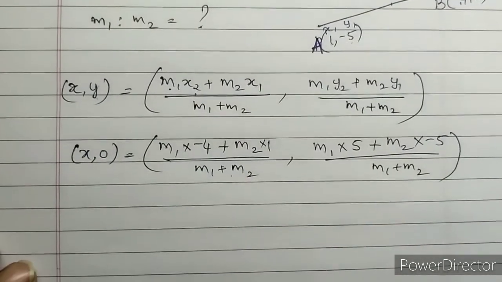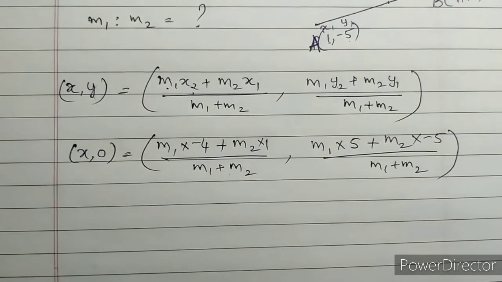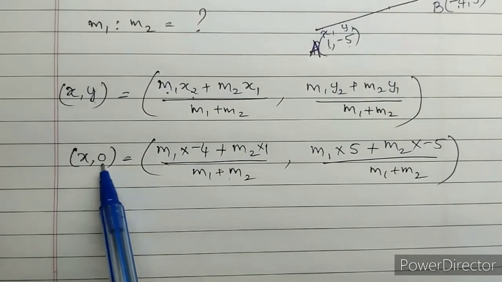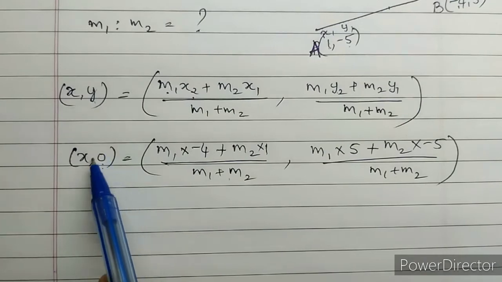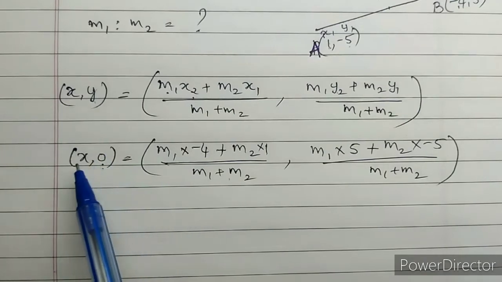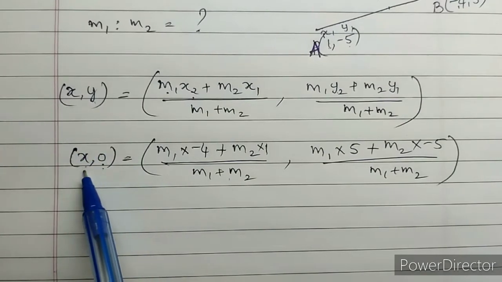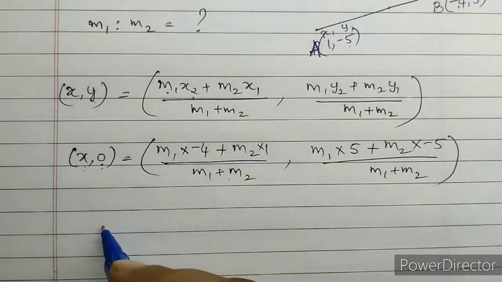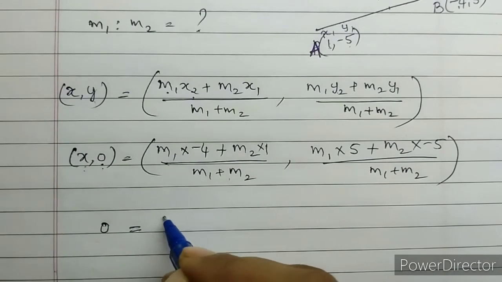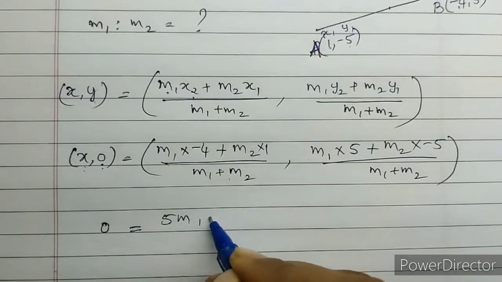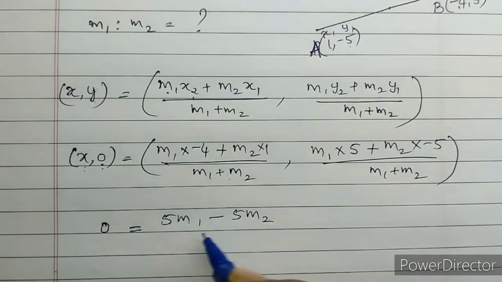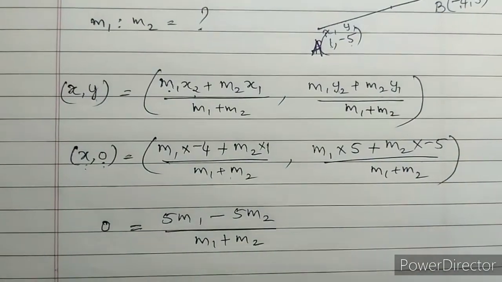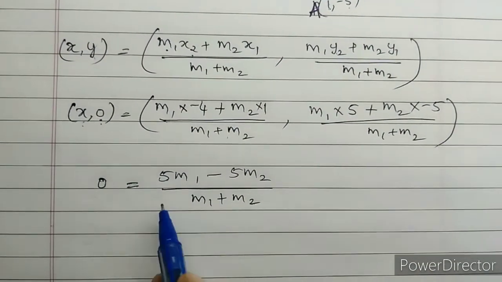Now to find m1 and m2, you have to take the y coordinate, because the y coordinate value is given, that is 0. Here the x coordinate value you don't know. So whichever value you know, you just take that. So equate that: 0 equals (5m1 minus 5m2) divided by (m1 plus m2). What is the next step? Cross multiplication.